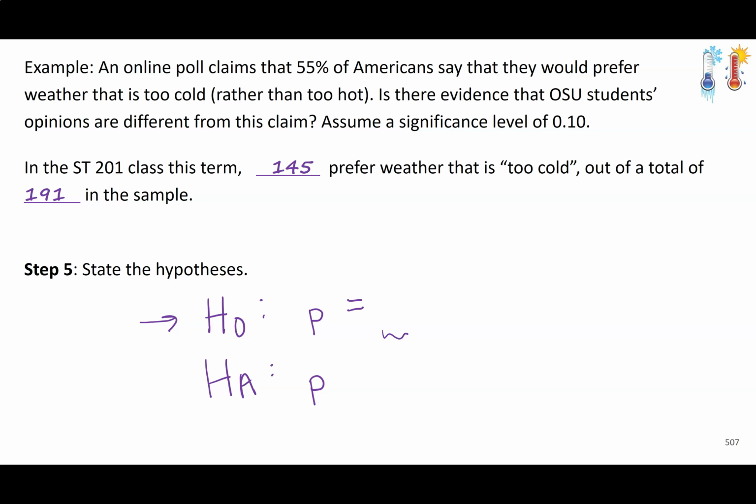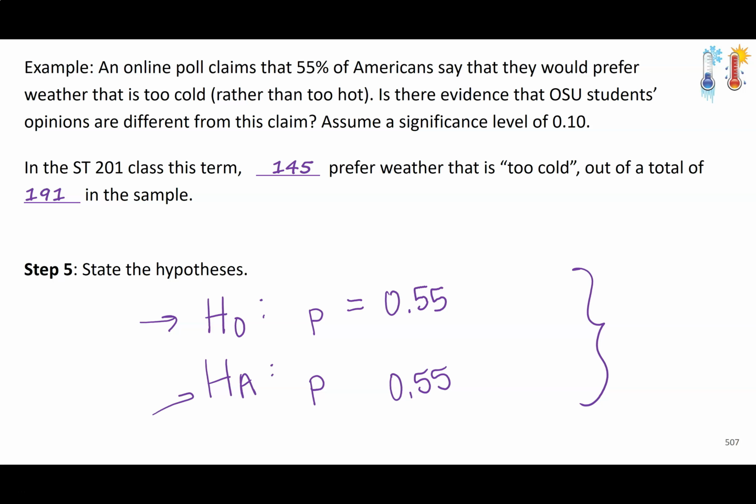And then this should be the claimed value. It should never come from the sample. In fact, nothing to do with our hypothesis should ever have anything to do with our sample. We're going to pretend that the sample is collected afterwards. So this should be 0.55. So I'm going to have 0.55 here as well.